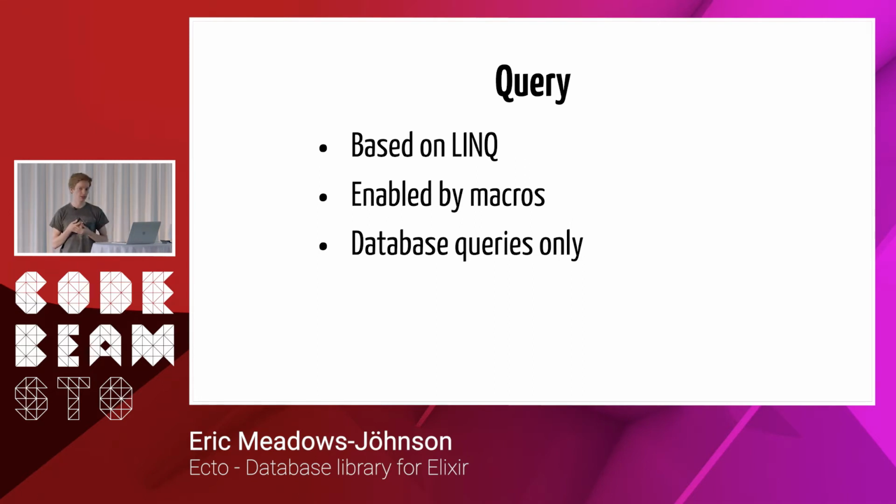We have the Enum module, which has filter and map, which kind of maps to the where and select that we saw on the previous slide. And we have the Stream module that is even more similar, which describes lazy operations on the collections.